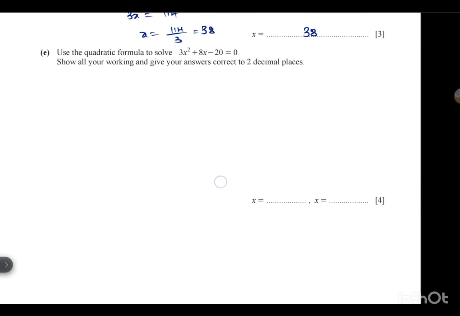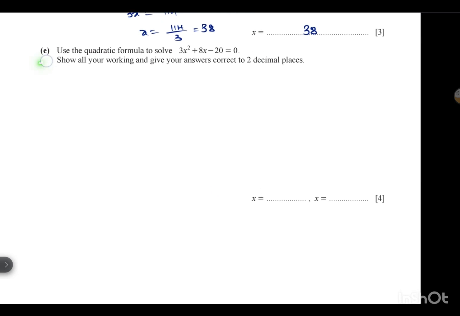Question number E, let us do. Use the quadratic formula to solve 3x square plus 8x minus 20 is equal to 0. Show all your working and give your answers corrected to 2 decimal places. The quadratic formula is minus b plus or minus square root of b square minus 4ac, by 2 into a.